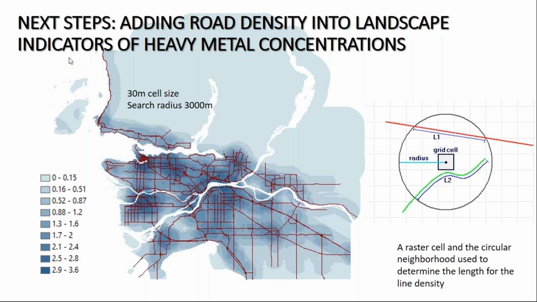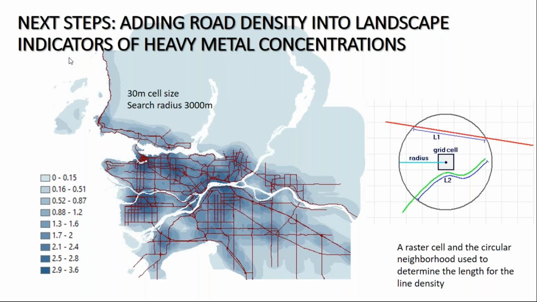Some things we're also doing next are looking at landscape predictors of in-stream heavy metal concentrations. We're adding in road densities. This is just a schematic to show you what that looks like. Basically using road maps for the region, we can get a road density estimate for each pixel or each cell.